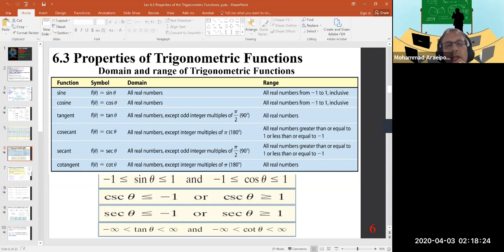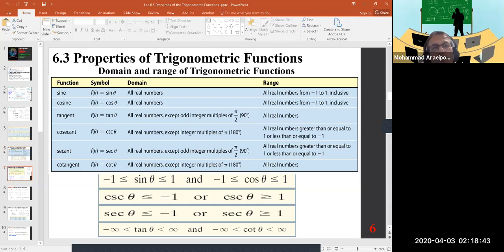For tangent and cotangent, we also have limitations as far as their domain. As far as the range, tangent and cotangent are all real numbers. So we'll see that as we look at the graphs.